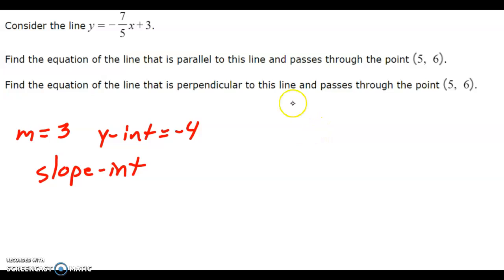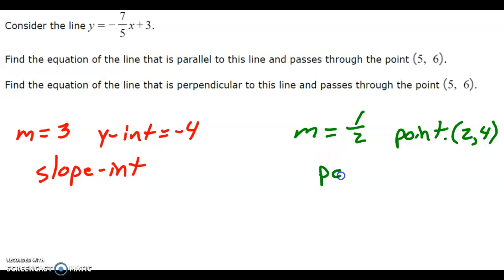If you're given the slope and a point, you're going to put your equation into point slope form, because that's the information you're given.